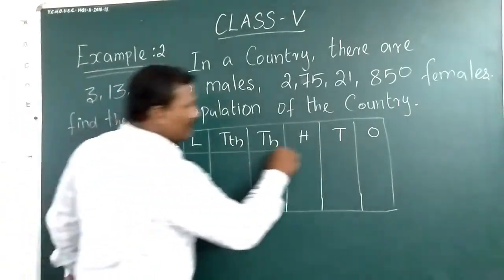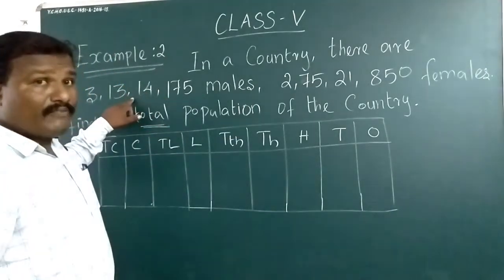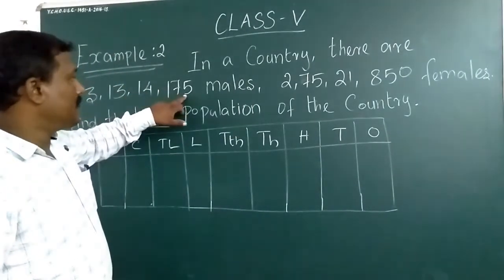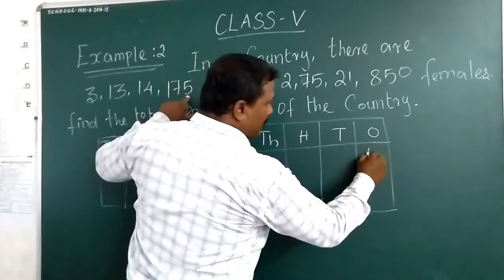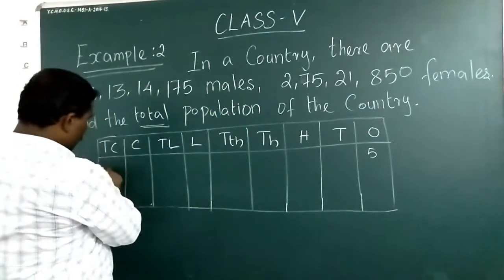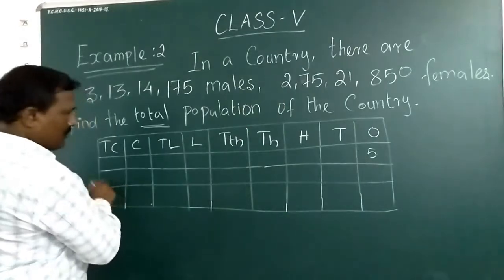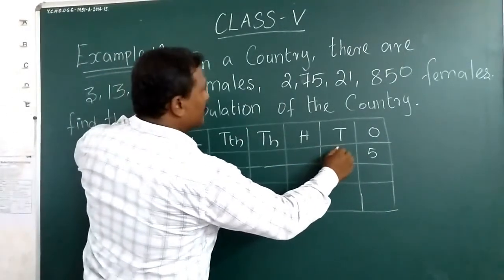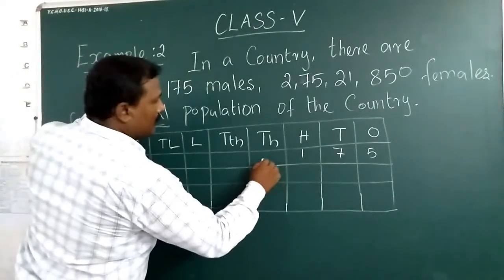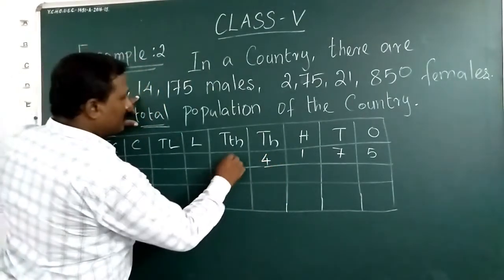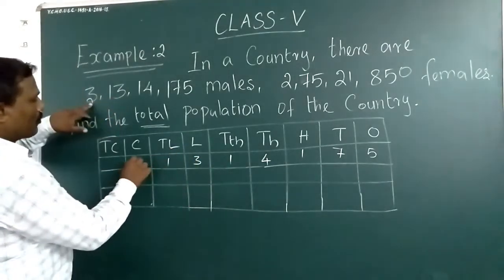First addend: I place the first number, 5 in the ones place, 7 in the tens place, 1 in the 100 place, then 4 in the 1000 place, 1 in the 10,000 place, 3 in the lakhs place, then 1 in the 10 lakhs, then crore.